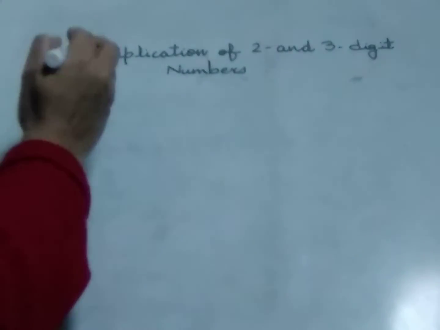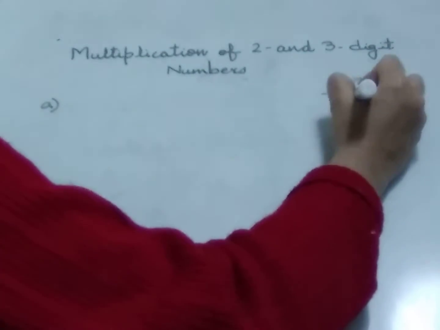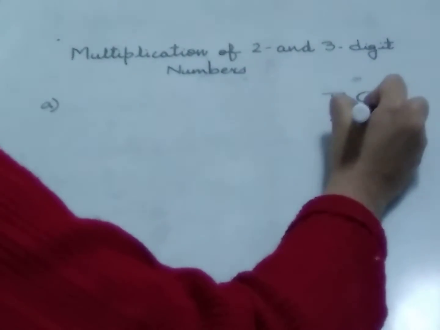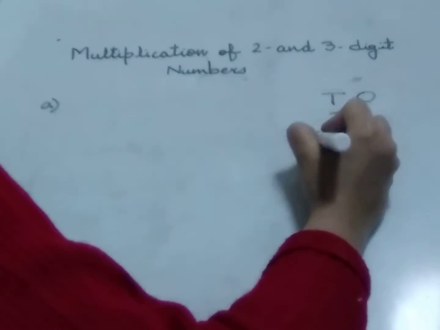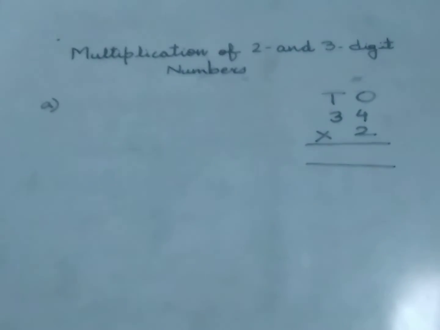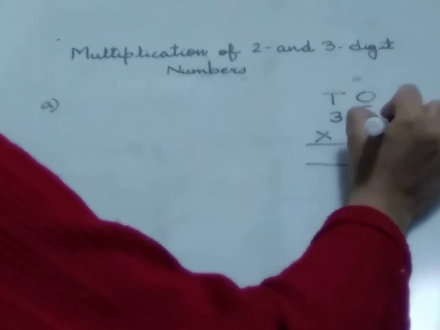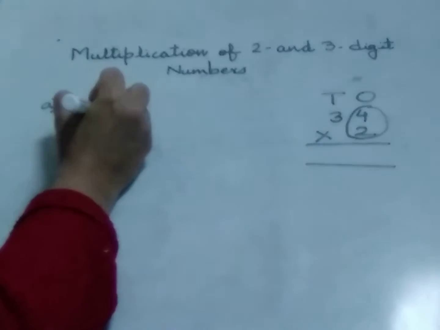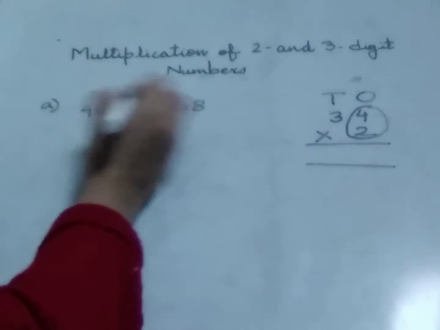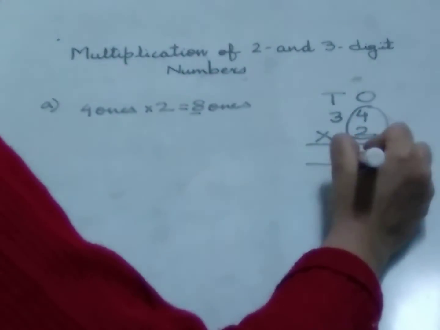Okay, find the product of the following. This is TO. Your number is 34 when multiplied by 2. So first of all, multiply the ones first. That means 4 ones multiplied by 2 is equal to 8. 4 twos are 8, 8 ones. So write this 8 in the ones column.